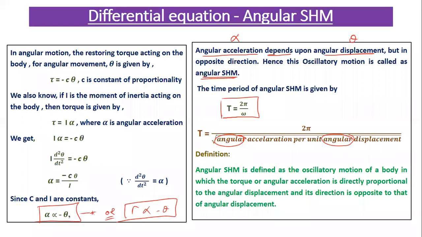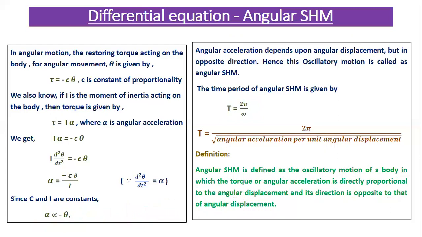So it is defined as the oscillatory motion of a body in which torque, or angular acceleration alpha, is directly proportional to angular displacement, and its direction is opposite to that of the angular displacement. So the direction is opposite, which is why the negative sign comes. A question may be asked: define angular SHM. You have to write this definition.